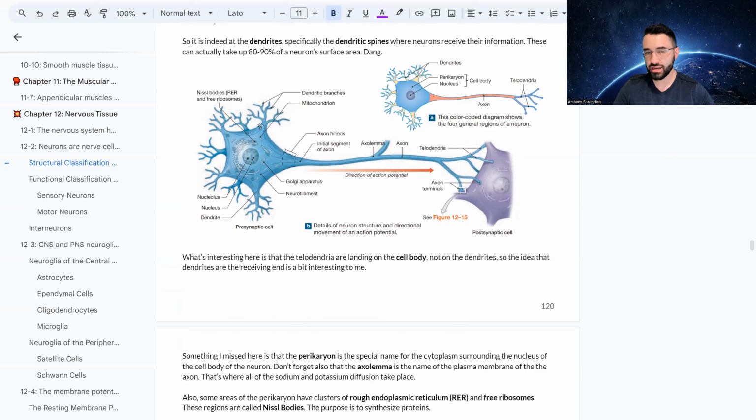I think those connect to other neurons that aren't necessarily involved in the action potential that goes through this main axon here, but they're not a receiving center because the receiving center is right on the cell body itself, as you can see here when you have these axon terminals, which we'll get to in a second. But it's the telodendria. That's this end point here, not the dendrites, not the dendritic branches. That's what you want to remember, okay?